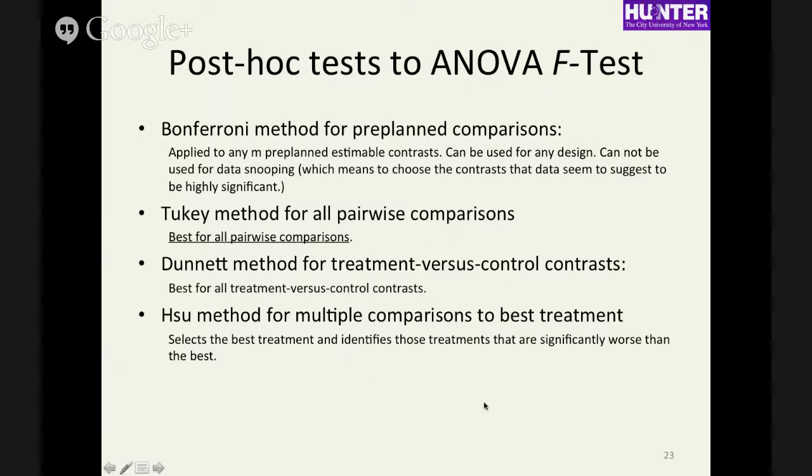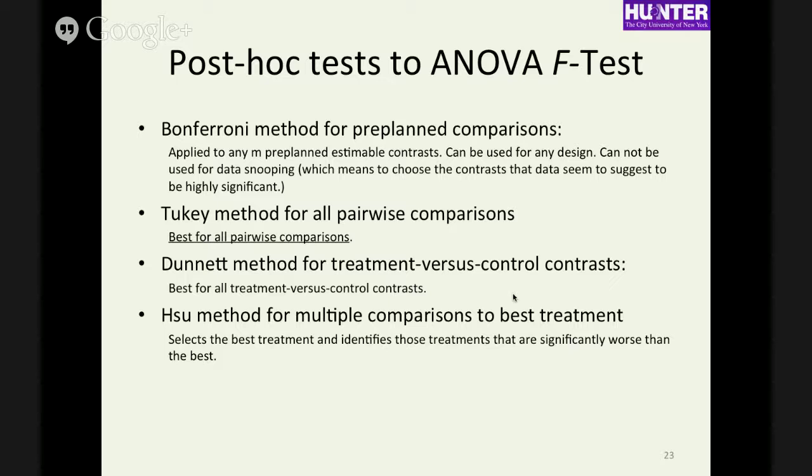There are some other methods. This Tukey method, which I think is the default in SPSS, is good for doing all pairwise comparisons in a group. There are some other ones, like this Dunnett method, if instead of doing all pairwise comparisons, you have a control and you want to compare several treatments to it.